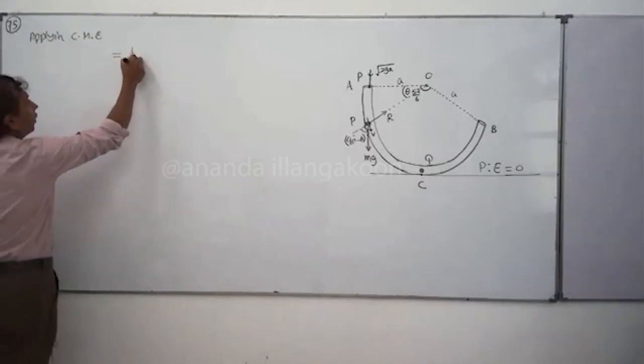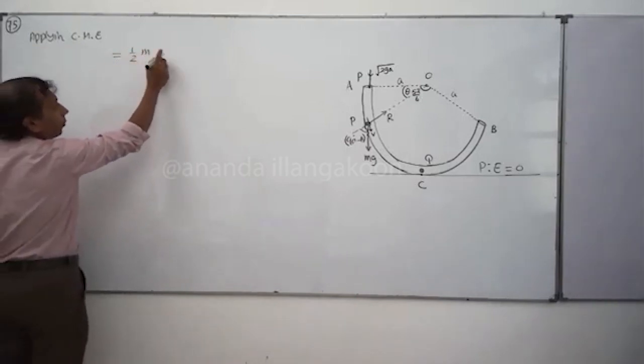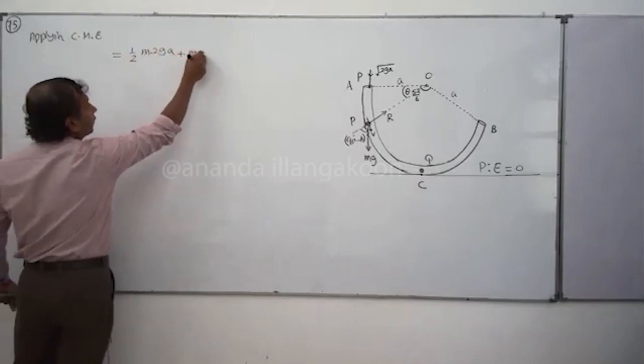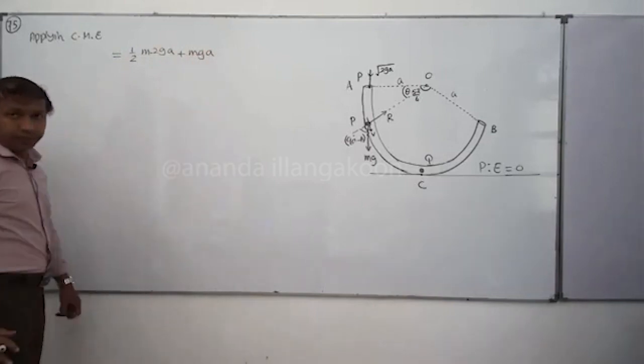Initially the total mechanical energy is half m times 2GA plus mGA.